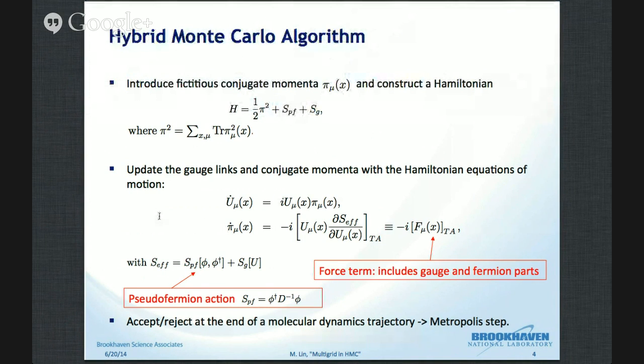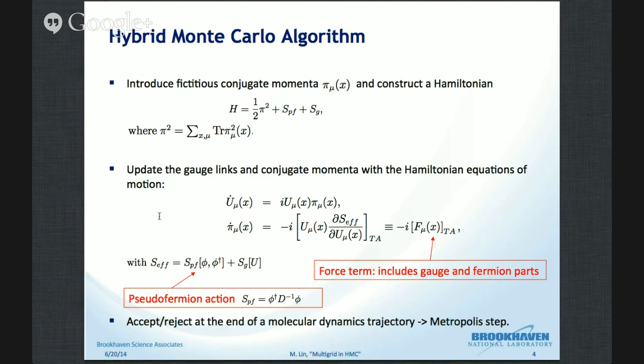So the HMC algorithm: first we introduce the conjugate momenta of the gauge field, and we construct a Hamiltonian like this. And we update the gauge links and conjugate momenta with the Hamiltonian equations of motion. So you can integrate these two equations by finite steps.